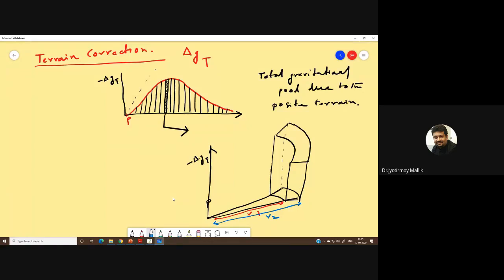The height of the cylinder is small h. This angle, okay, is phi 0. Now let us consider.